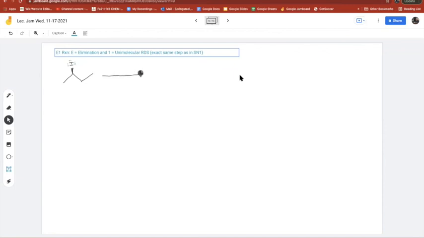I'll do this one with ethanol. And I'm going to add heat. Heat favors E1. I'll explain why shortly. And what we're going to get here is a number of products. Actually, before I draw them all out, I'll do the mechanism first.